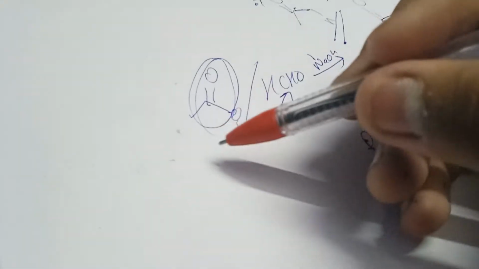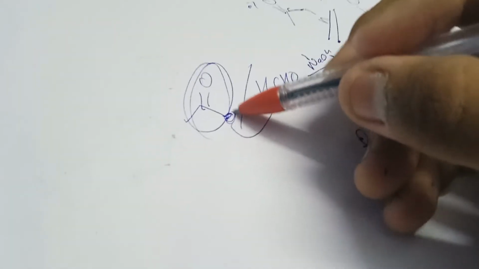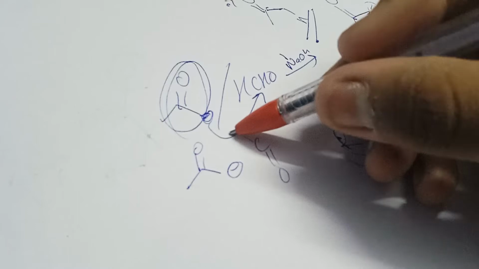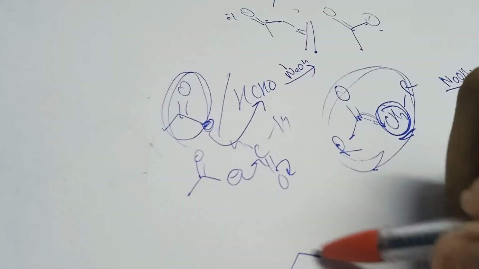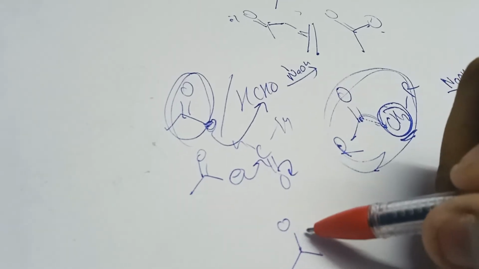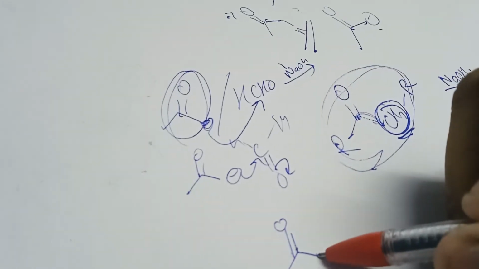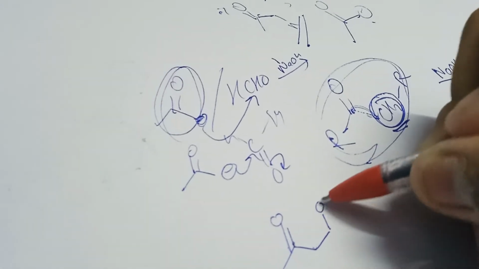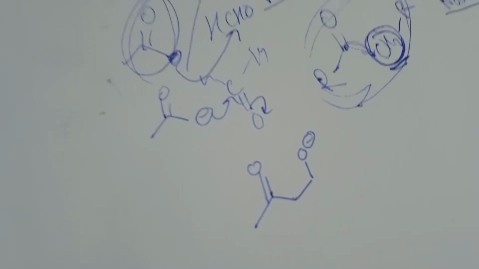So by preference we would make the carbanion on this side, and it attacks over there. This kind of reaction is known as a cross aldol reaction, because it's reacting with some other compound. We get this.